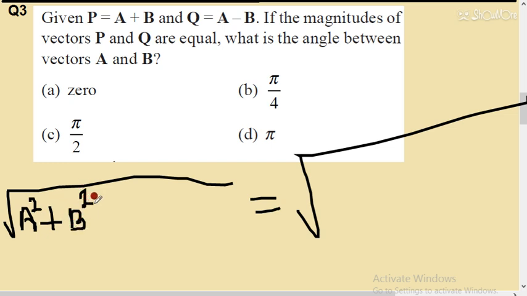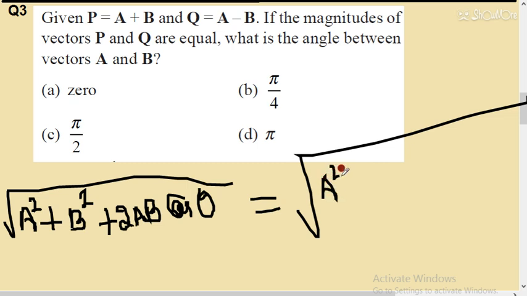I am again saying, if it seems like the video is slow, then you can increase the speed of the video because I have to write the whole concept. So a square plus b square plus 2ab cos theta will be there, and here a square plus b square minus 2ab cos theta.